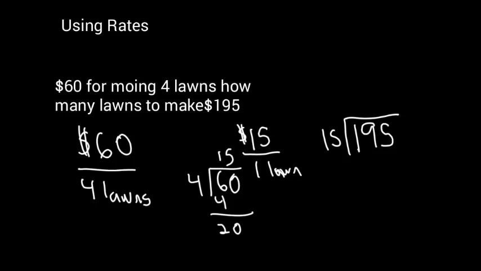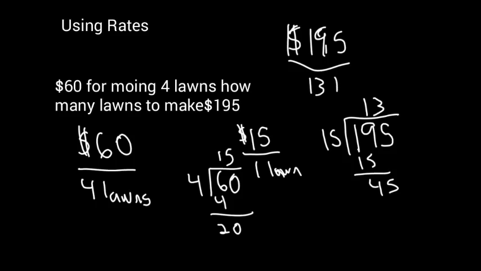So 15 goes into 19 once, subtract, 15 goes into 45 3 times, so I'd have to mow 13 lawns to make $195. So you can make that a rate as well, $195 for 13 lawns.